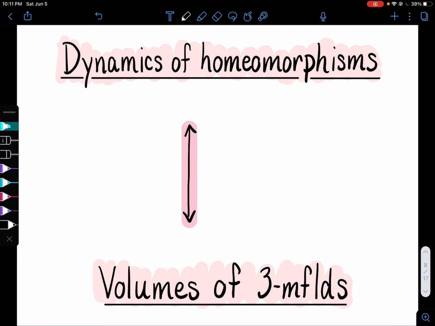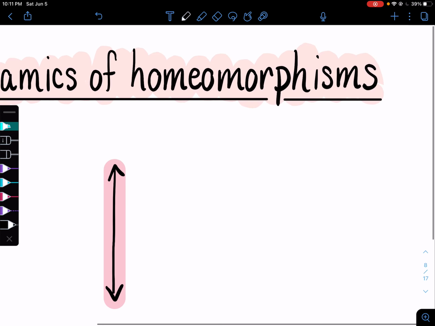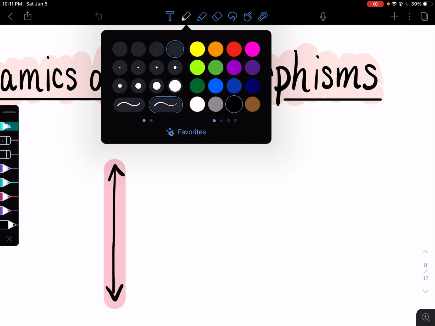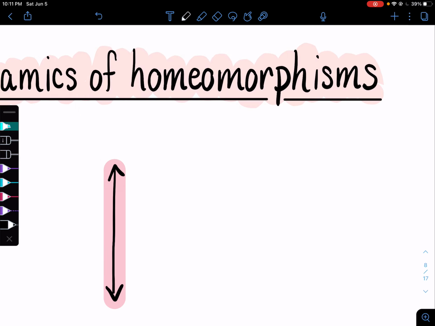Pseudo-Anosovs are equipped with these underlying foliations, these transverse singular measured foliations on the surface. And our pseudo-Anosov acts with prescribed dynamics. It stretches along one foliation and squeezes along the other. The term that it's stretching or squeezing by is called the stretch factor.